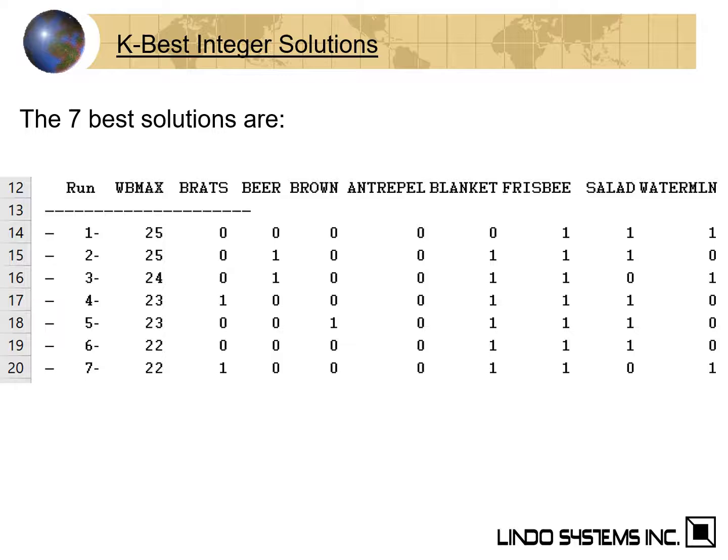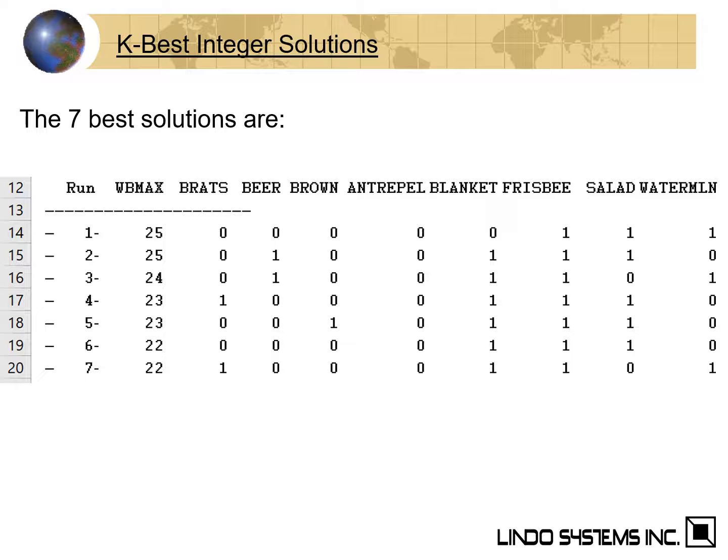So that sounds like it might be good. It's also interesting that maybe if you're willing to give up 1 unit of value, if you go to solution 3, that has an optimal value of 24. It also includes beer in the solution, and it also includes the item that was dropped, which is the watermelon.